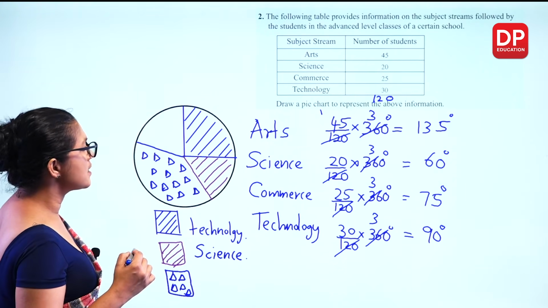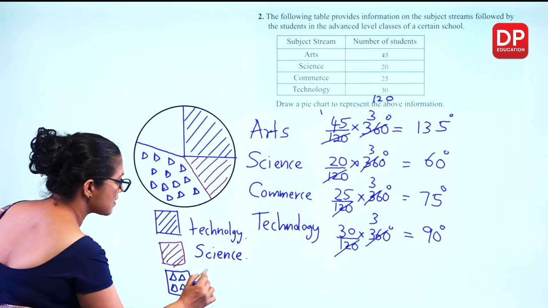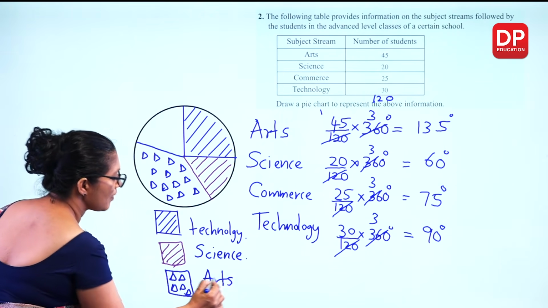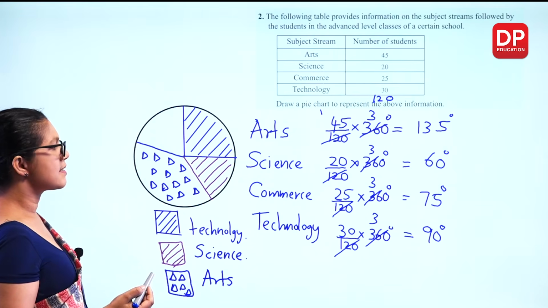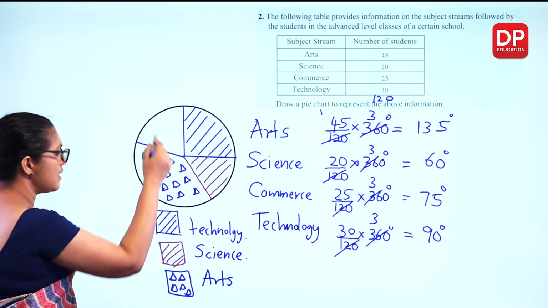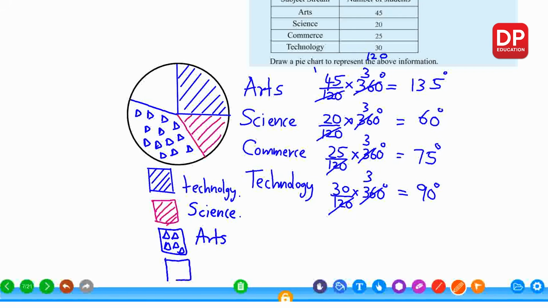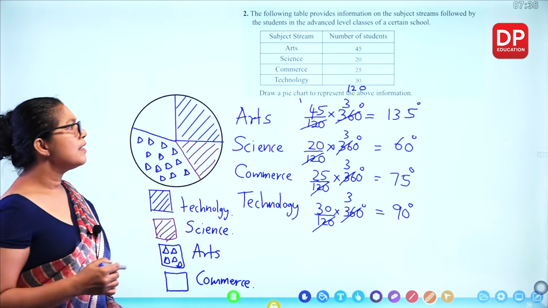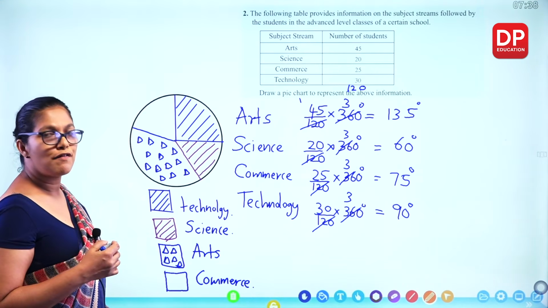What's the subject? 135 is arts. And the rest, that's 75 degrees, commerce. So I can keep that blank. That's commerce. So this is how we can draw the pie chart for this given information.